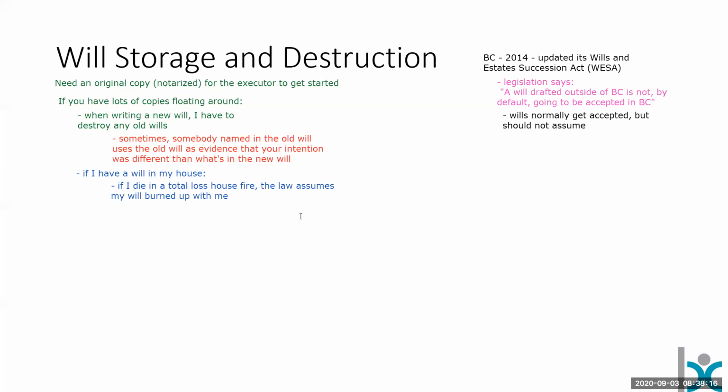So that's what some people do, Bev. They'll use the safety deposit box. I'm going to pick on the safety deposit box here too, as you might have guessed. And the problem with the safety deposit box is that only an authorized person can access it, right?